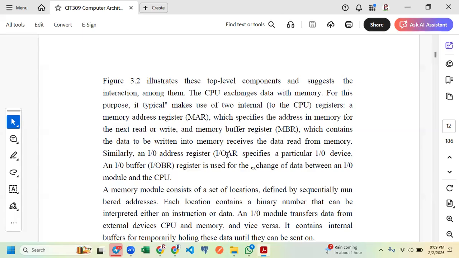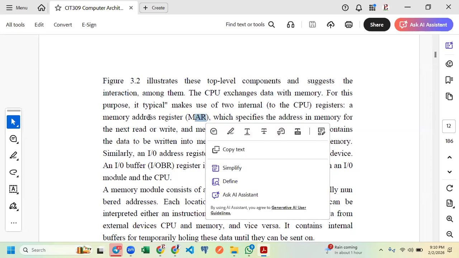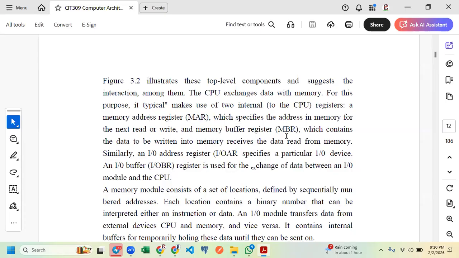Let's be marking them now. MAR means memory address register. In any case, the AR there means address register. For the IO, we already know in computers, anytime we see I/O, we are talking about input output.